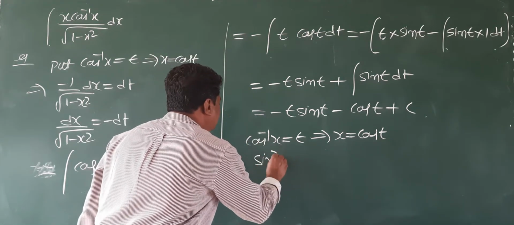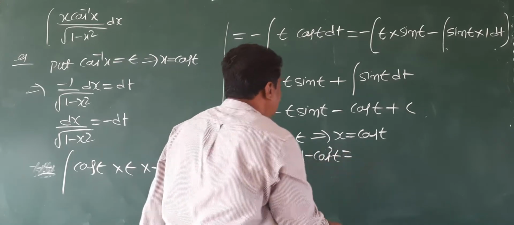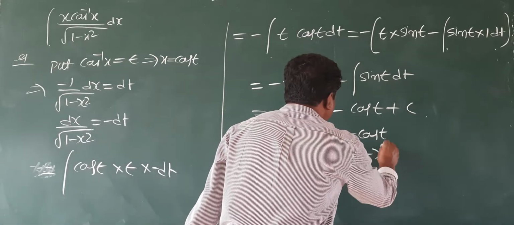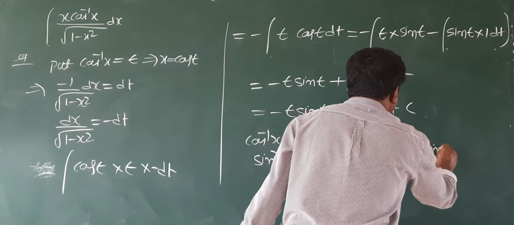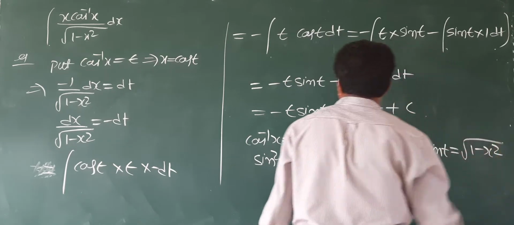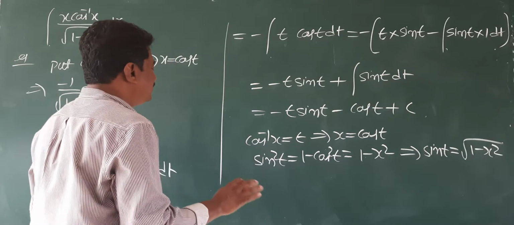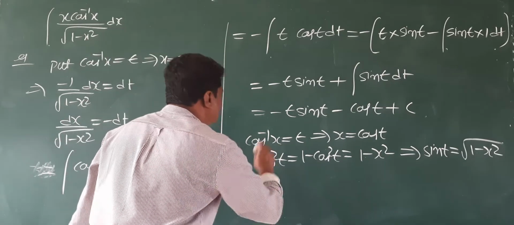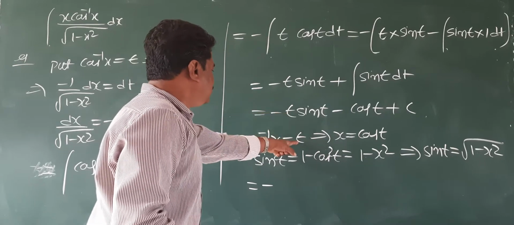Sin square t is equal to 1 minus cos square t, so 1 minus x square. So this implies sin t is root of 1 minus x square. Substitute in that. Therefore, the final answer is minus t, how much is t?